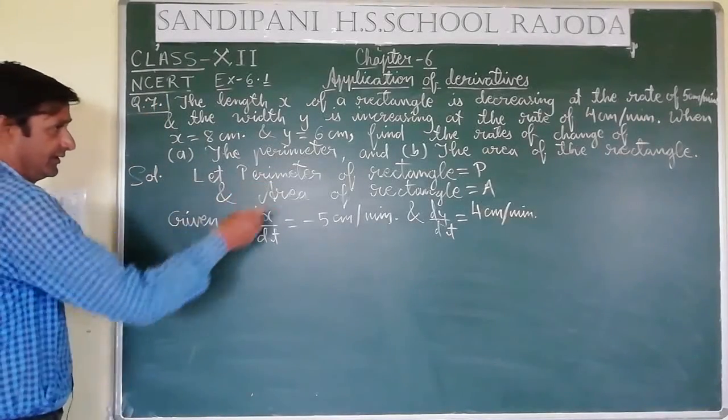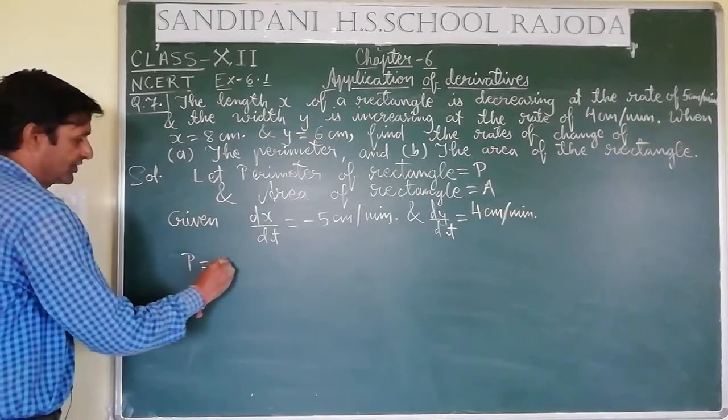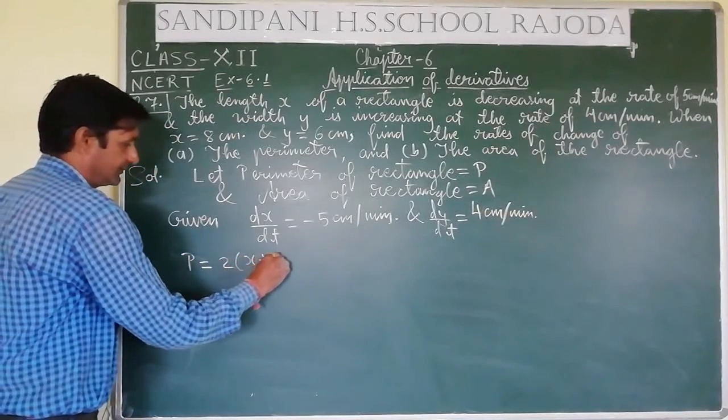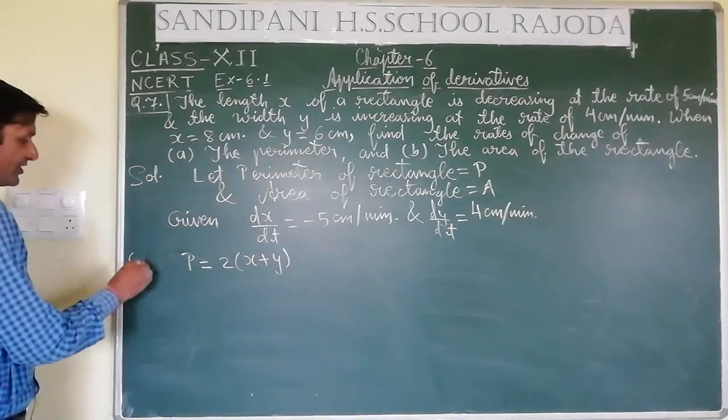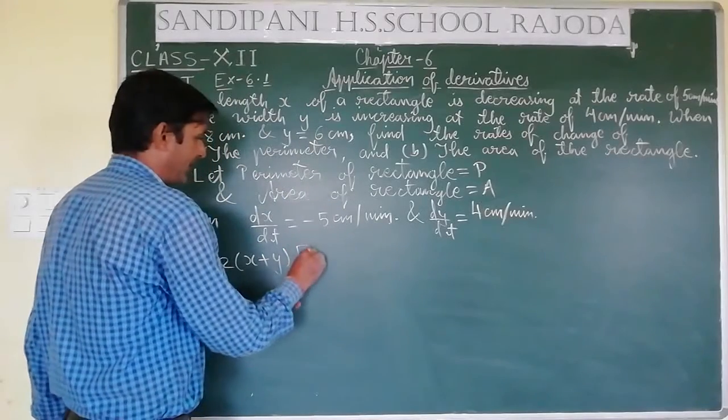First of all, see, perimeter of rectangle is 2 into x plus y. It is the first part of our question. You may mention perimeter.